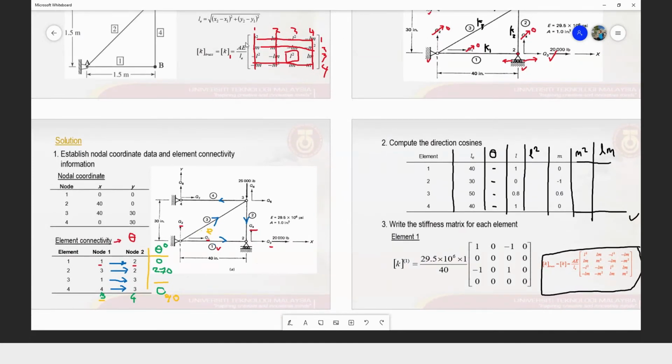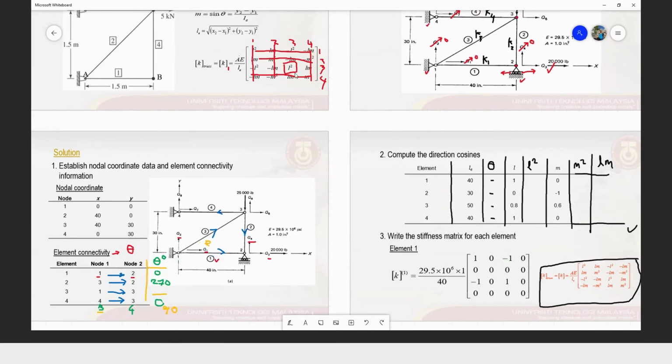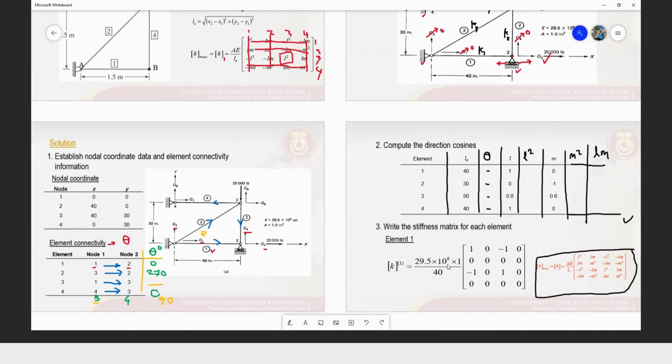For element number 1, you eliminate all the rows and columns for the index 1, 2, and 4. Then just provide the value for the element number 3. So actually, you do not need to write everything.